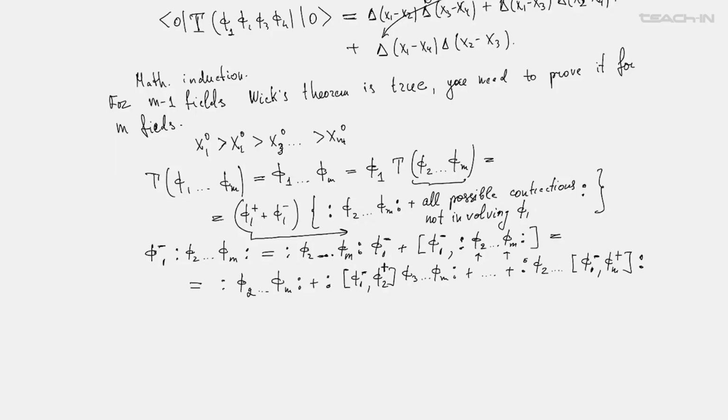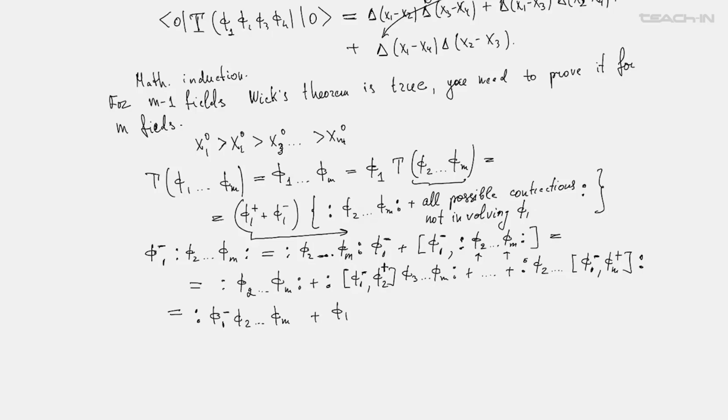But what is written down here is nothing but the normal ordered product of phi 1 minus, phi 2 and so on, phi m, plus all possible pairings of the fields. I can even write everything under the same sign of the normal ordered product. So phi 1, phi 2, and so on, phi m.